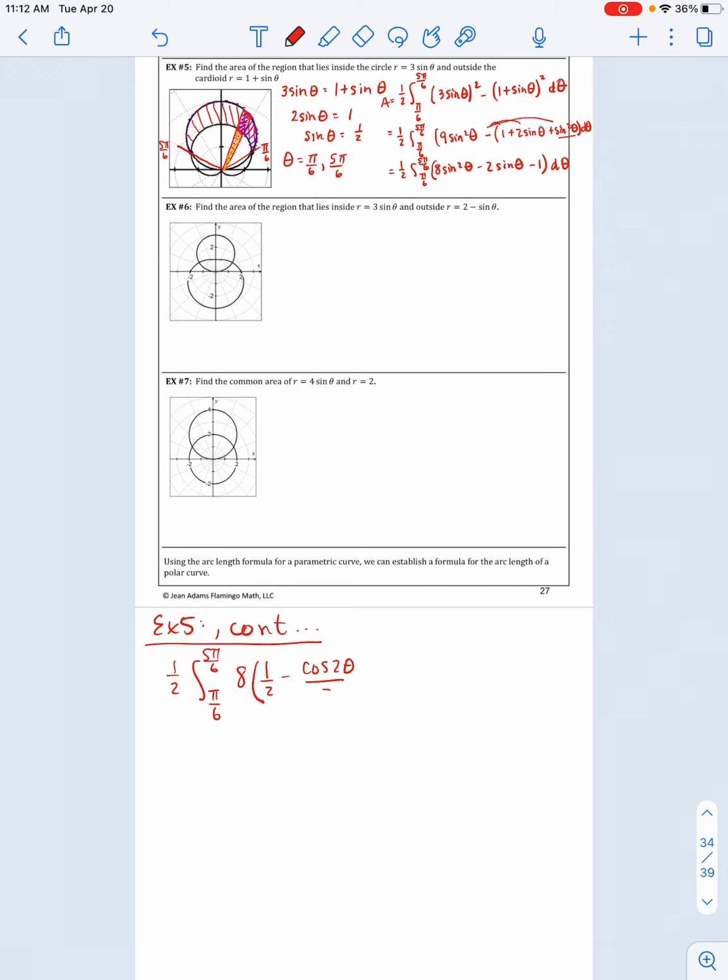So I'm going to just split it up: 1/2 minus cosine 2 theta divided by 2. So that's the equivalency for sine squared.